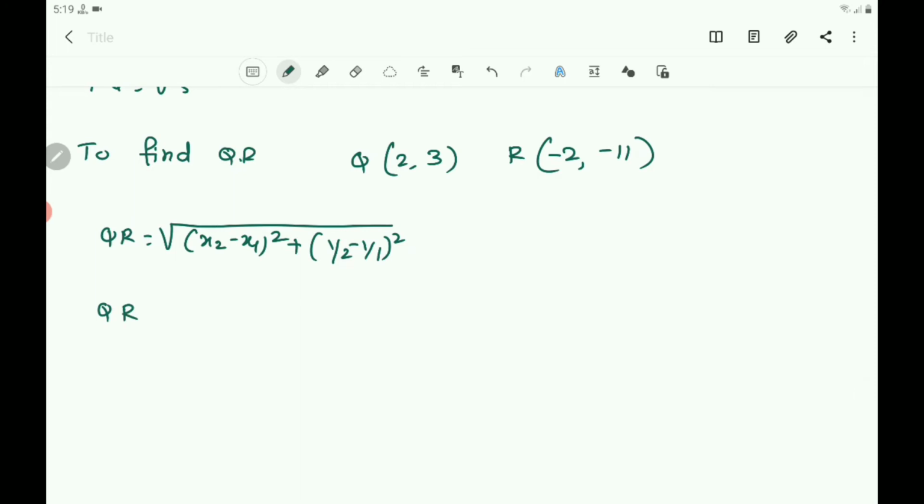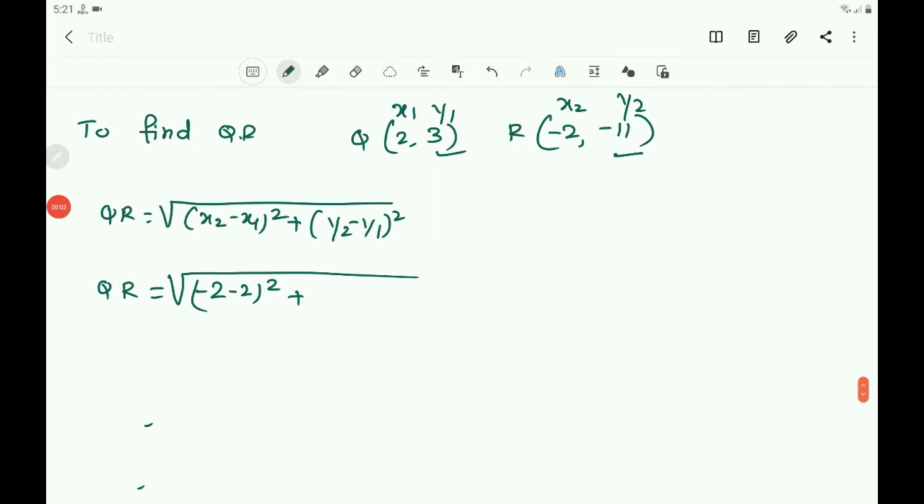Here we have considered these as x1, y1 and these points as x2, y2. So QR equals root of (x2 minus x1), that is minus 2 minus 2, whole square, plus (y2 minus y1), where y2 is minus 11 and y1 is 3, that is minus 11 minus 3, whole square.